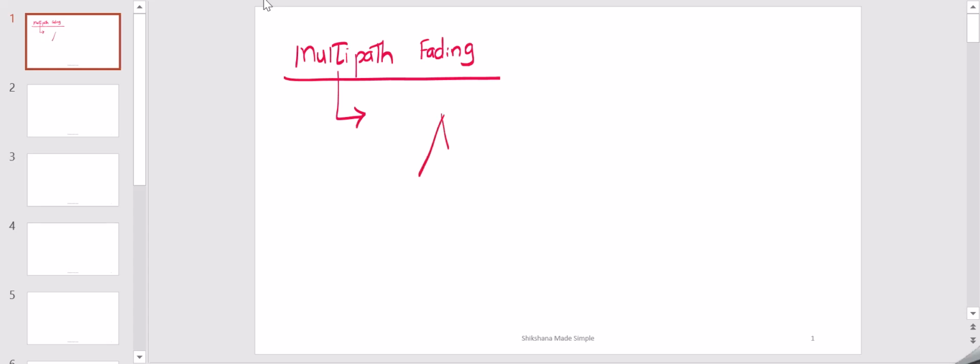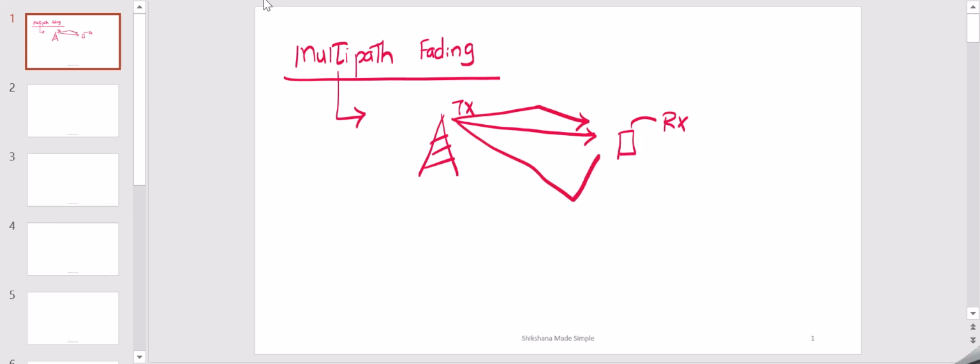So, let's say there is a transmitter and we have the receiver. The signal would travel in multiple directions to reach the receiver.